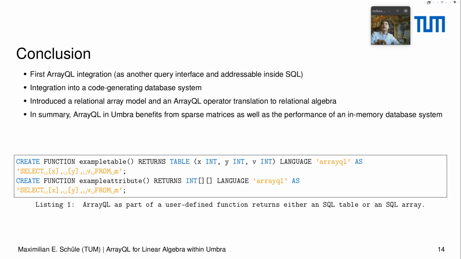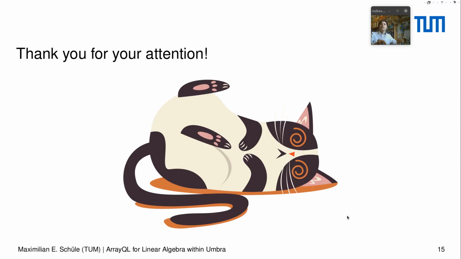Integration was done into a code-generating database system, namely Umbra. We introduced a relational array model and mapped SQL operators to ArrayQL operators for a translation into relational algebra. In summary, ArrayQL in Umbra benefits from sparse matrices as well as the performance of an in-memory database system. Thank you for your attention.